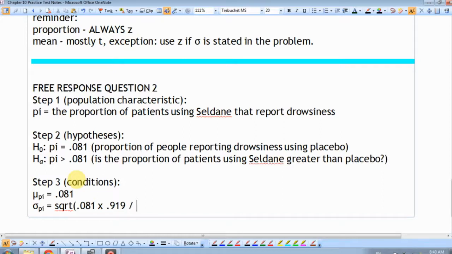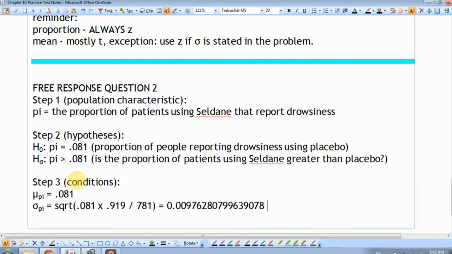What's our sample size? 781? How come you're choosing the one and not 6? Because I want the sample of people who took Seldane. Trying to find the proportions of people to Seldane. So even though you got the proportion from the placebo, we're using the n from the cell. Yeah, because we're testing Seldane. We're not testing the placebo. We're testing Seldane.